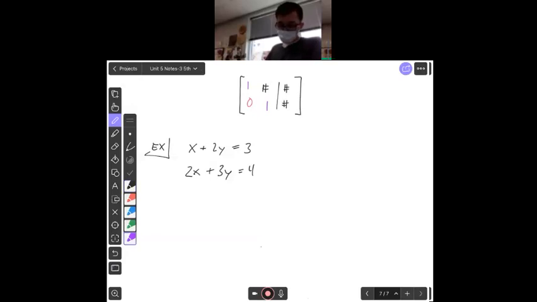But the first thing we need to do is turn that system into a matrix. So what would the first row of our matrix be?